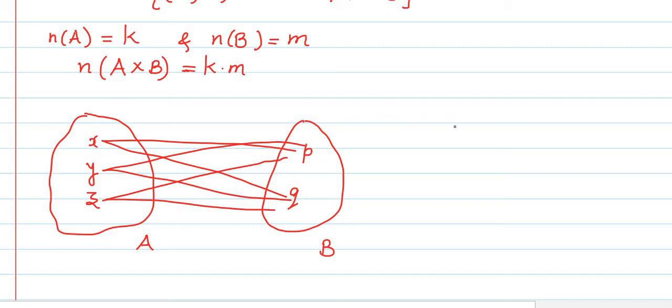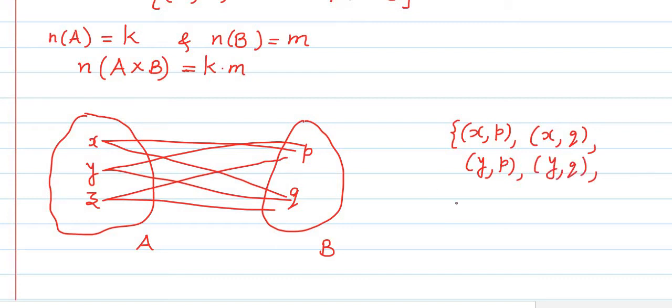If we list out all such ordered pairs, then the set of those ordered pairs will be {(x, p), (x, q), (y, p), (y, q), (z, p), (z, q)}. And this set is nothing but our Cartesian product A cross B.